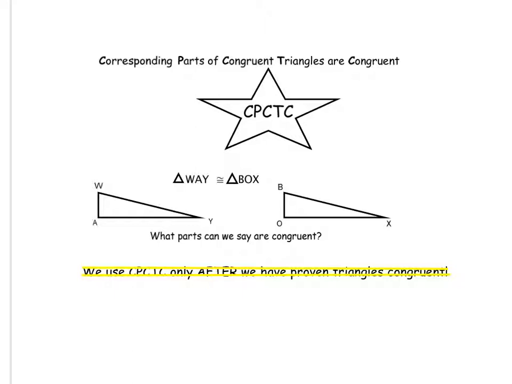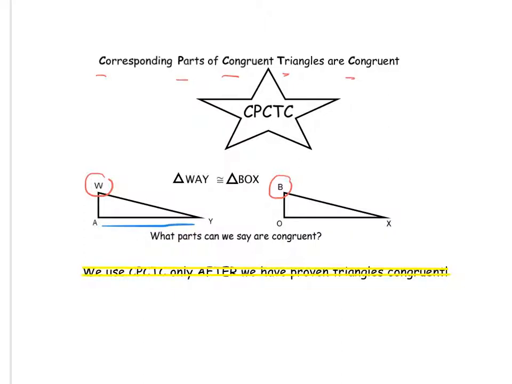Alright, CPCTC stands for corresponding parts of congruent triangles are congruent. CPCTC. We use that in proofs to show that parts are equal. And again, we'll do this in class, but if triangle WAY is congruent to triangle box, then angle W must be congruent to angle B because those are the corresponding angles.